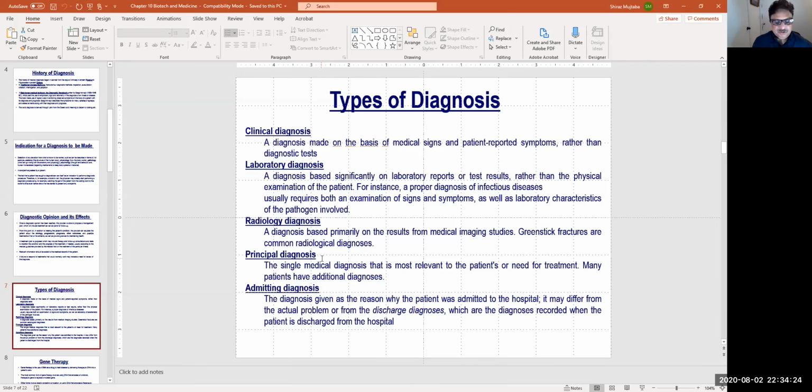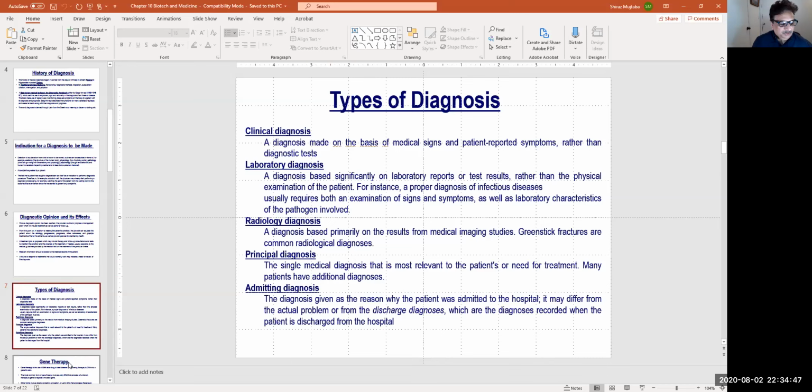A treatment could be just simple medication, it could be surgery, it could be many things. And if there is a situation where a patient needs to be admitted for more follow-up diagnosis or to start treatment, that diagnosis is called admitting diagnosis. So this is the first small topic, called diagnosis.